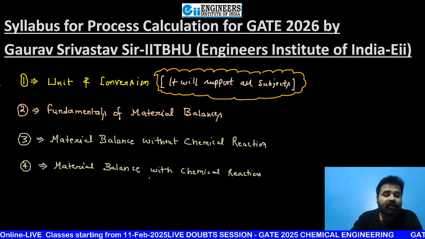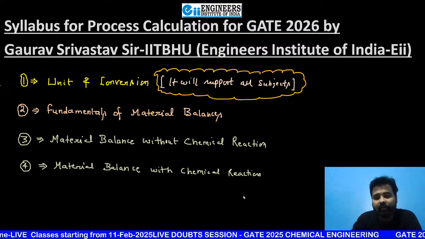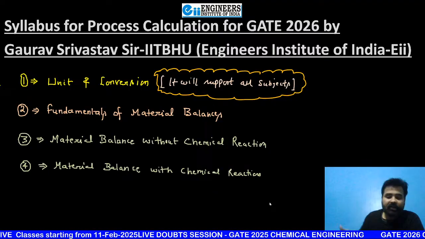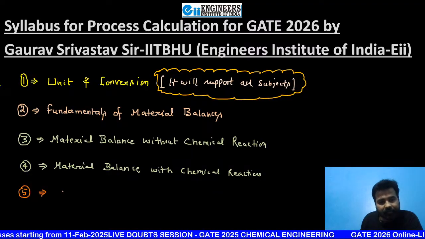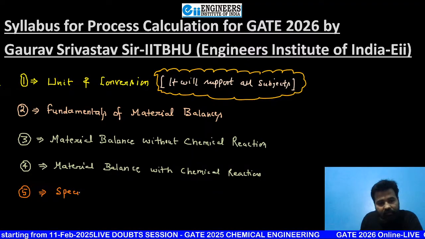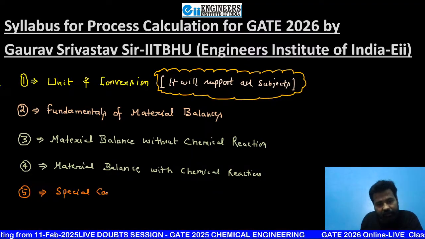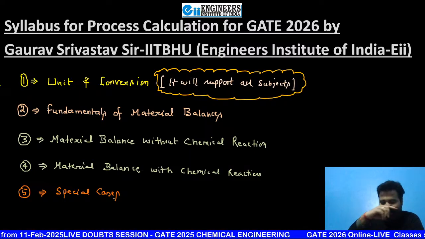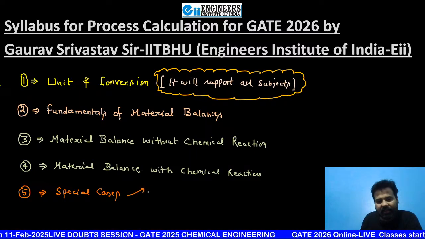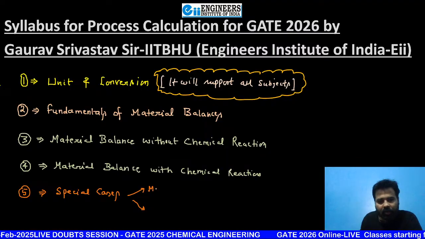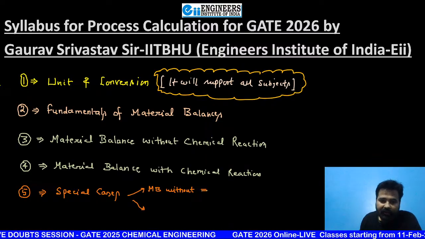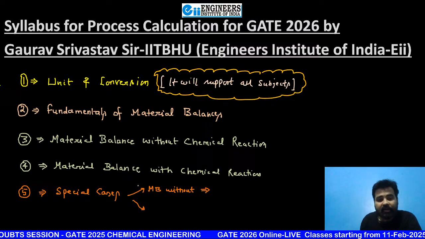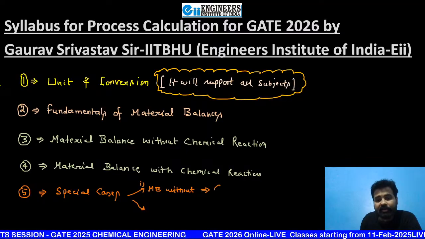Okay, now after these two chapters, 3 and 4, chapter number 5 is special cases. Here in special cases, one special case will come from material balance without chemical reaction, and that chapter is crystallization.